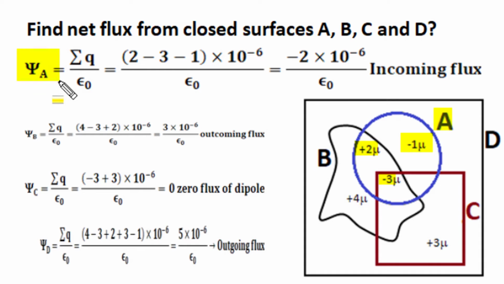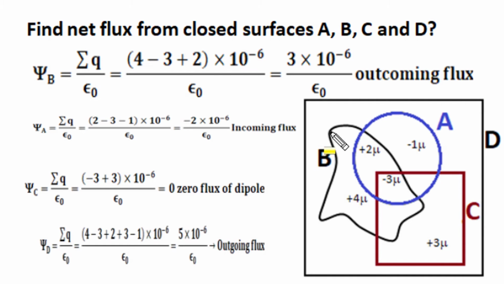As per Gauss Law, total flux across this closed surface is equal to total enclosed charge divided by permittivity of air, and sum of these three charges is minus 2 microcoulomb, and enclosed charge divided by permittivity represents a negative flux across this spherical surface, and negative flux means net flux across this spherical boundary A is incoming flux.